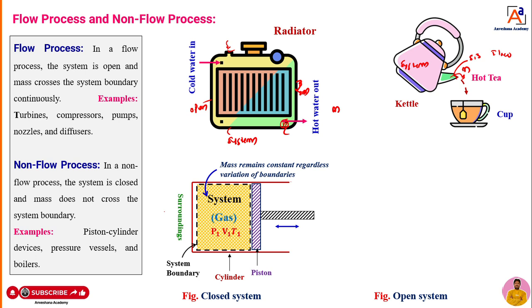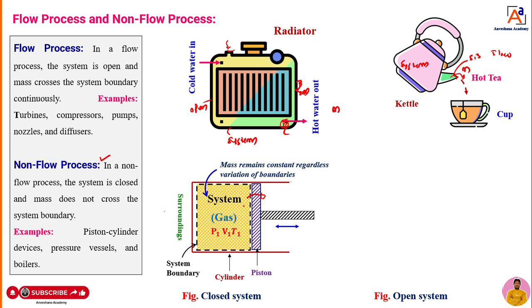I will compress the gas, and sometimes it may expand again. During the compression process the gas is not coming out, because there is no provision for the gas to move out of the system. During compression and expansion, the mass remains constant. There is no movement of mass in the process. That process we can call a non-flow process.